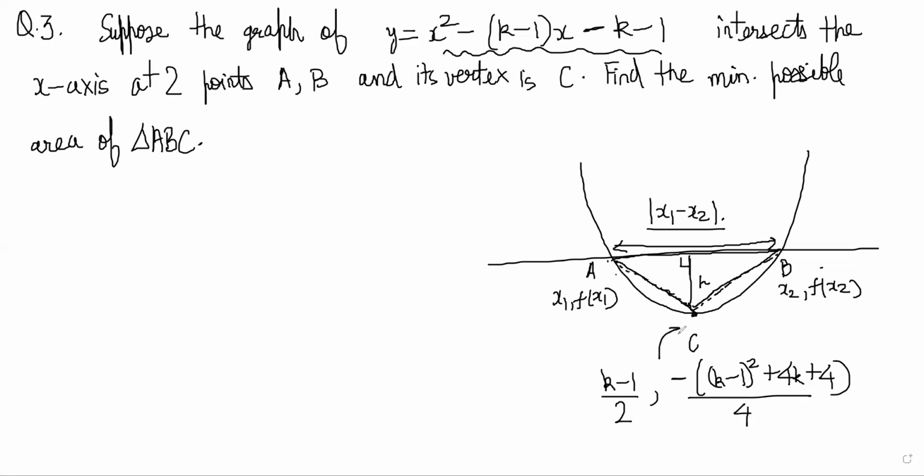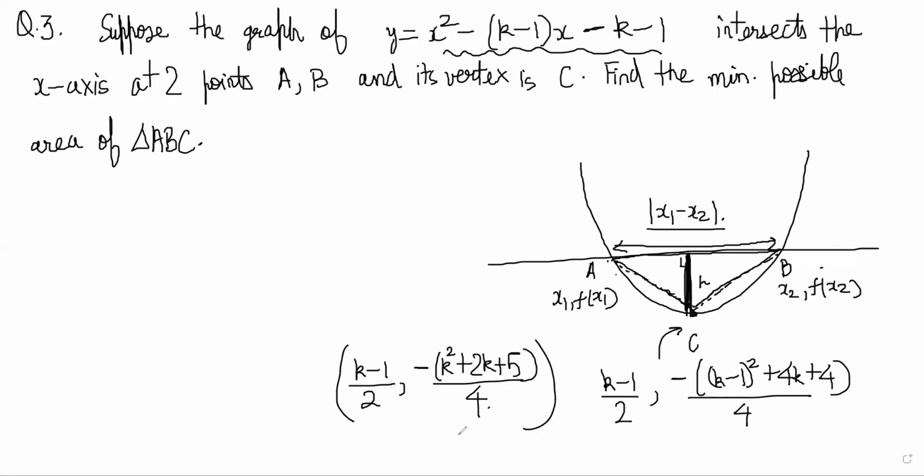So this point is given by this expression. So we can simplify it a little bit. It is (k minus 1) by 2 and negative of (k square plus 2k plus 5) by 4, right? So the height here is easily obtained. Height here is the y value, which is this, right?